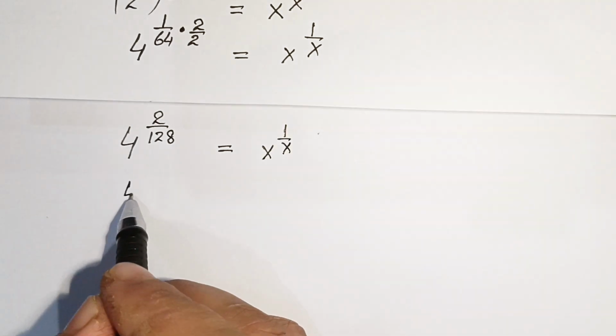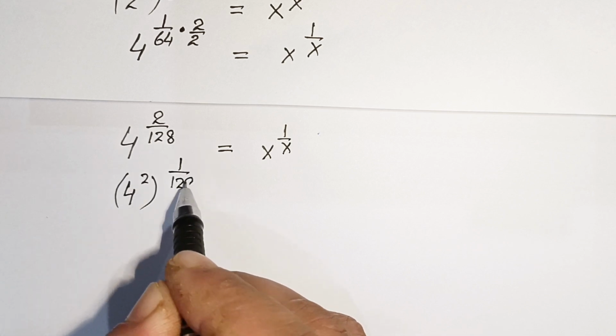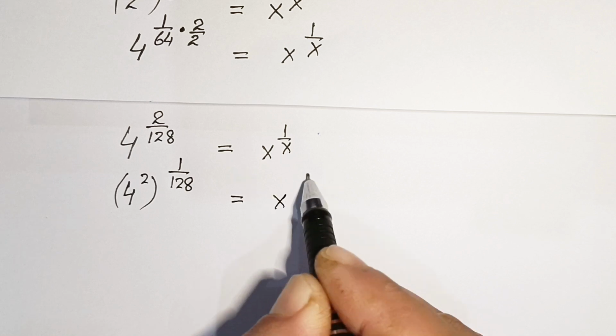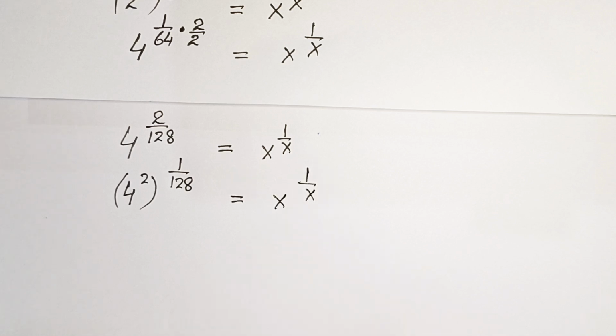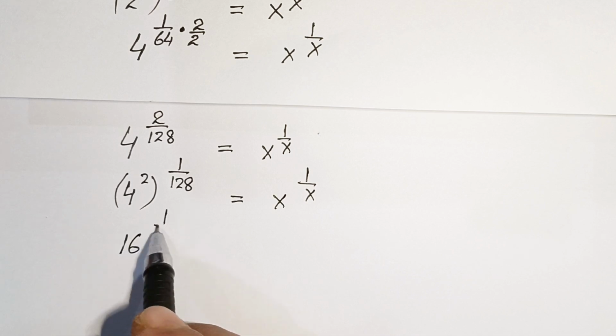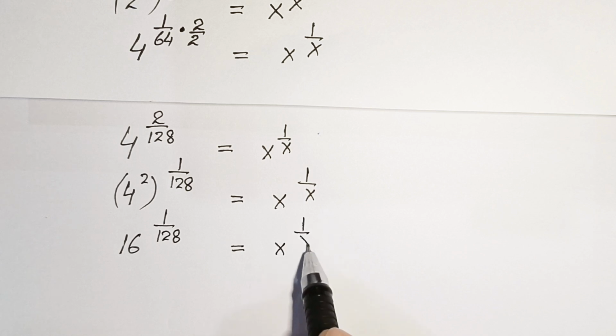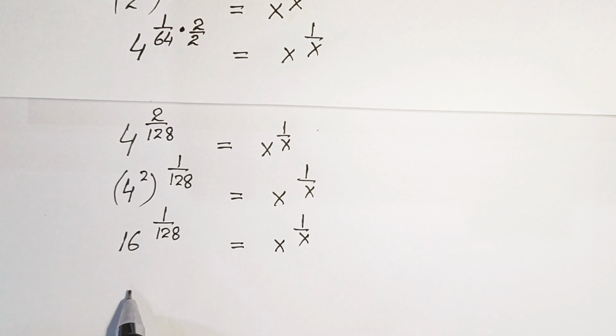Now here 4 squared whole to the power 1 over 128 is equal to x to the power 1 over x. Now this 4 squared is equal to 16 whole to the power 1 over 128, which is equal to x to the power 1 over x. Now here we are going to again multiply and divide by 2 as a power on the left hand side.